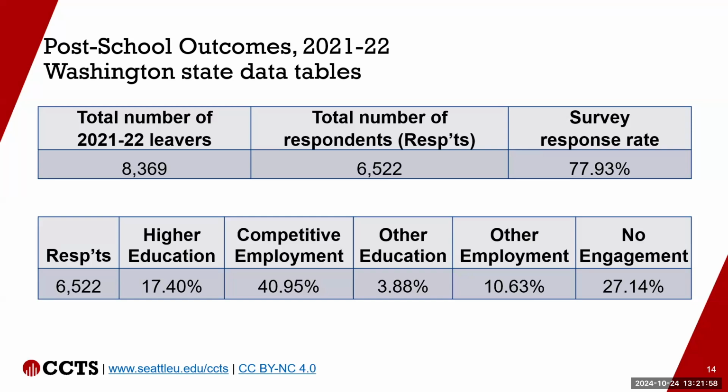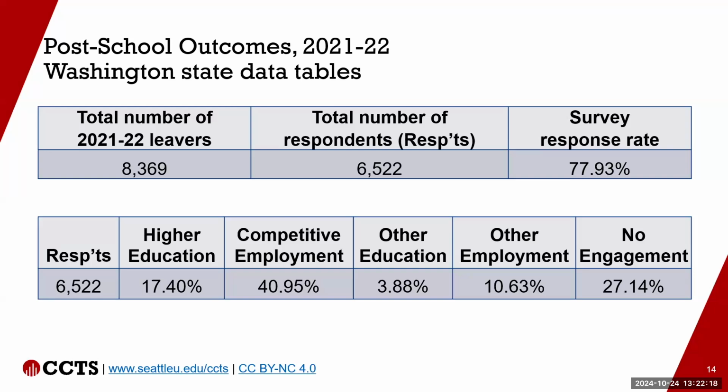So the engagement outcomes that you see here for competitive employment, higher education, and other employment, these are all federally defined outcomes. So these are the ones that we are required to report on. But just because a student doesn't meet one of these requirements doesn't mean that the student is not engaged in something.